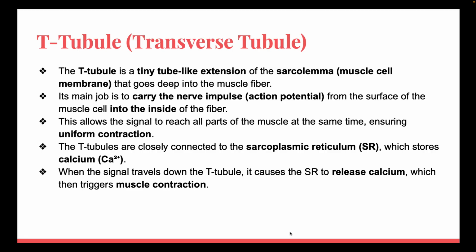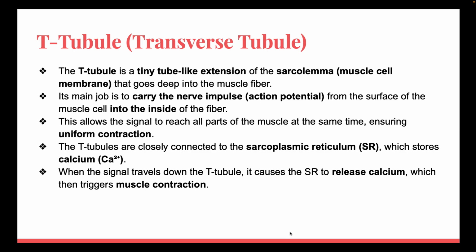When these vesicles burst, they release this acetylcholine, and it is then transmitted through the synaptic cleft, which is the space between the axon and the sarcolemma. It will pass through these tubules and get inside of the fiber.